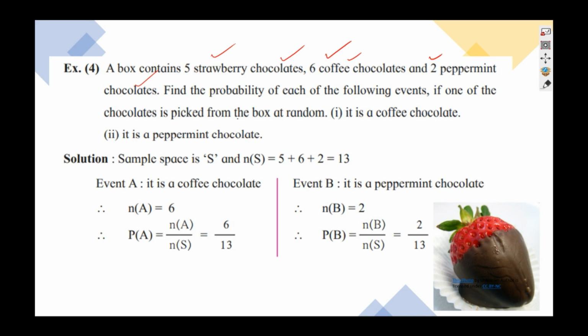If one chocolate is picked from the box at random, what is the chance it is a coffee chocolate? What is the chance it is a peppermint chocolate? The sample space S is equal to 5 plus 6 plus 2, that is 13. Coffee chocolates are 6 in this, so 6 upon 13, and peppermint is only 2, so 2 upon 13. It has become simple for you.